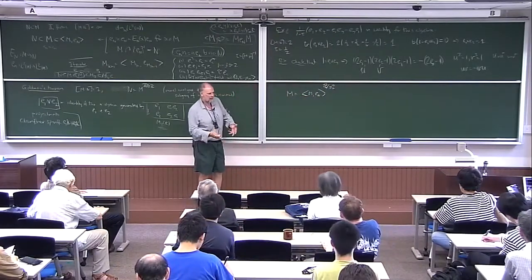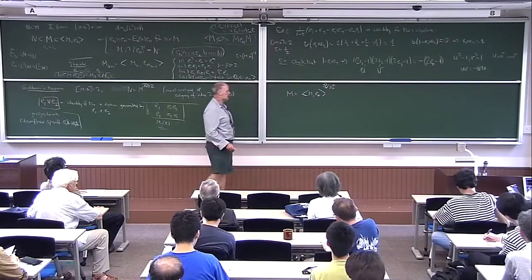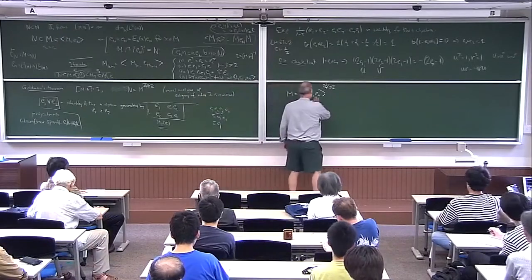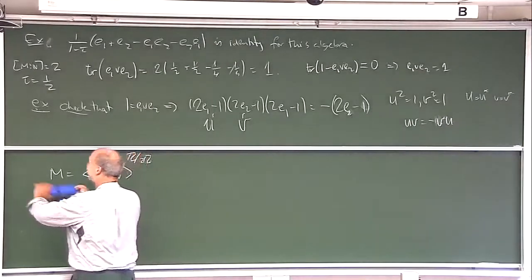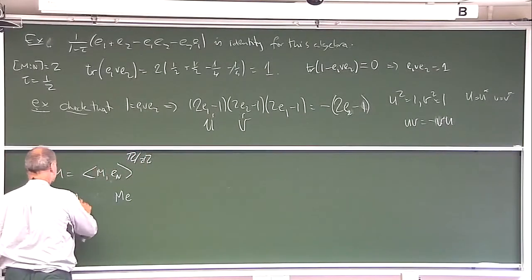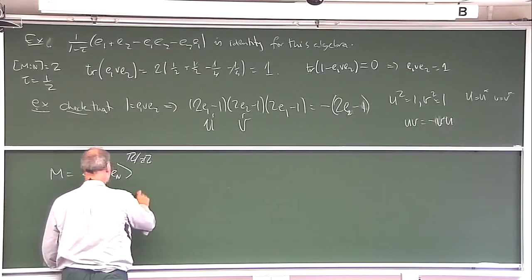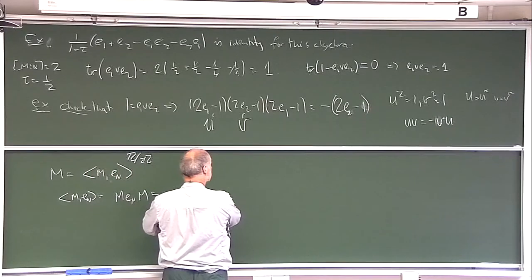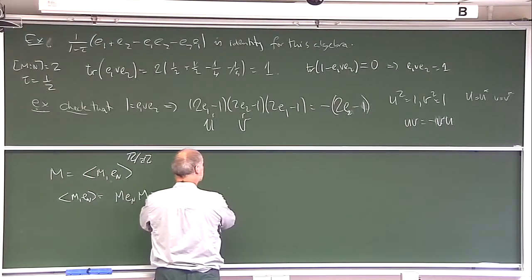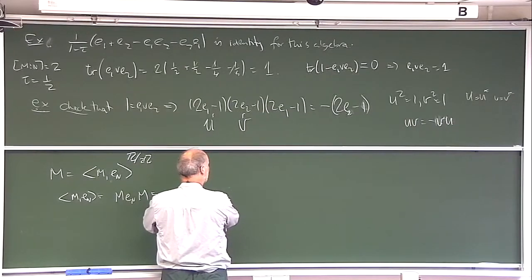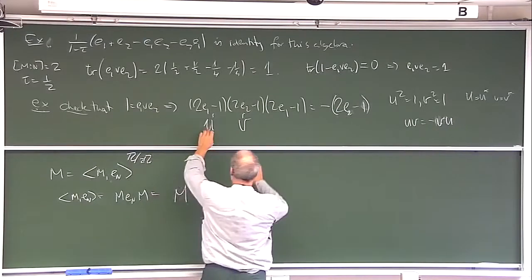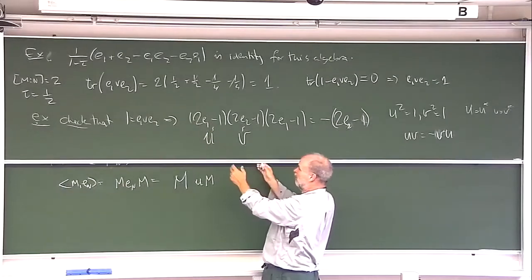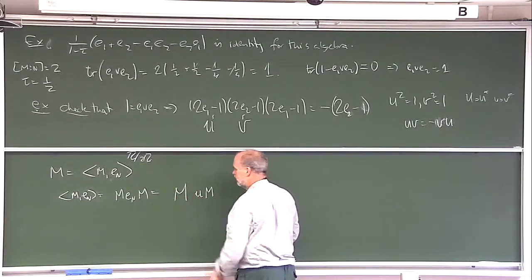There's some kind of generic structure of the basic construction which allows you to push that one back and get the original result for M. So now we can see, because if we take M, we know that M e_N equals M e_N M, which is the same thing as M times U M. U is just 2E1 minus 1, so to use 1 or M here is the same thing.